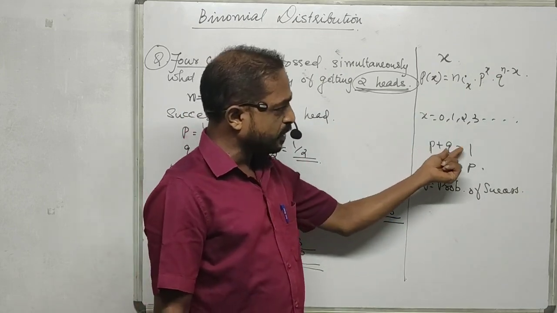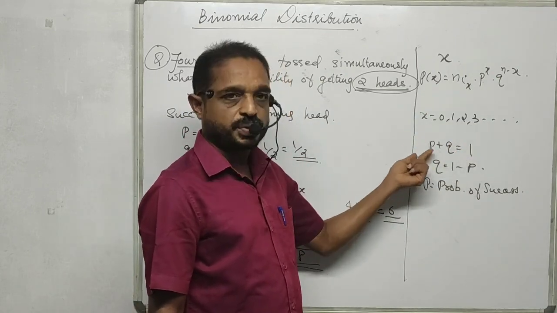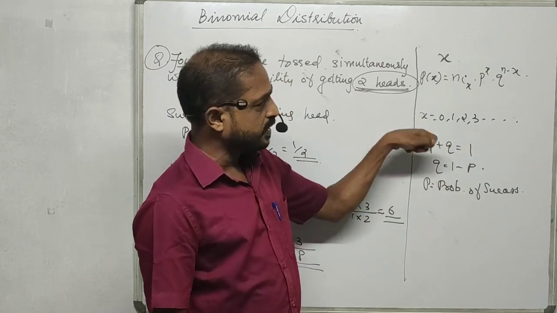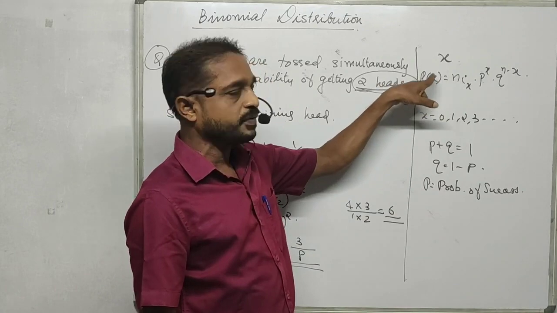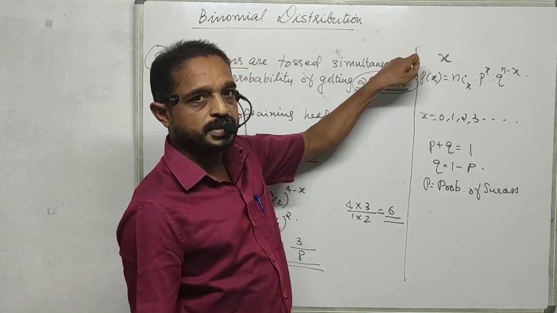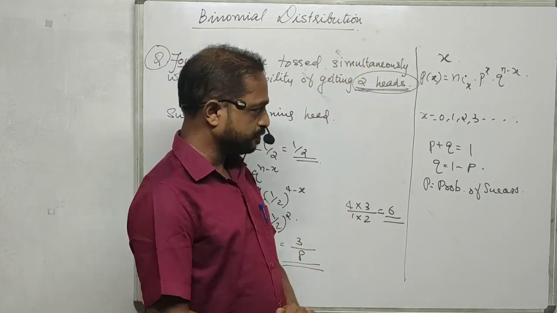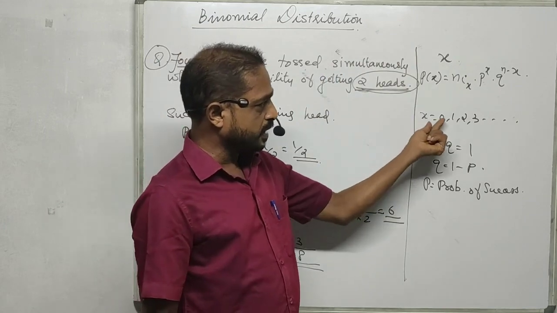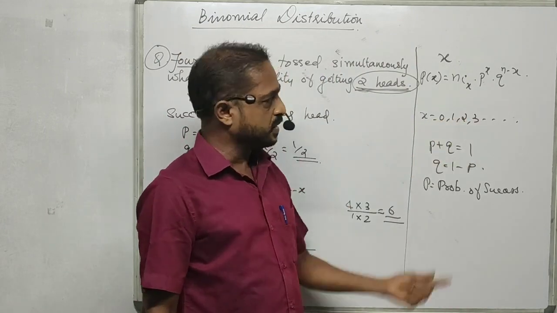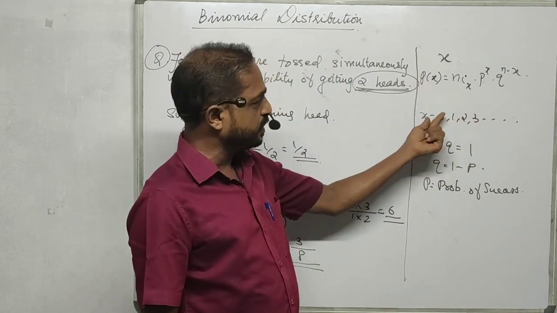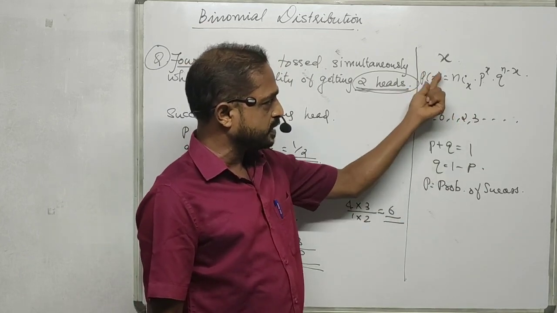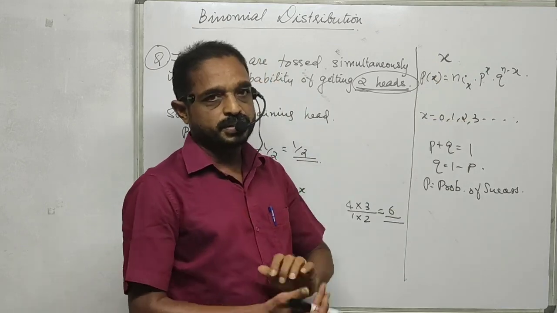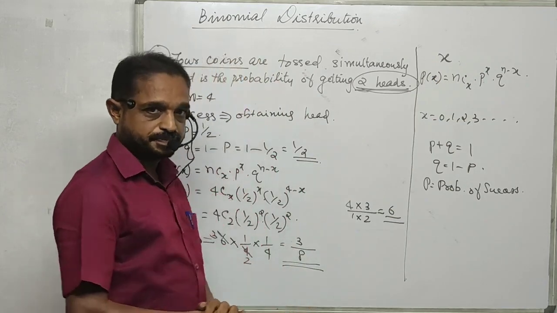P plus Q will be 1 because P and Q are mutually exclusive and exhaustive. P of x is the probability of getting x successes. Here x can take values 0, 1, 2, 3, etc. P of 0 means probability of getting 0 successes, P of 1 means probability of getting 1 success, P of 2 means probability of getting 2 successes, and so on.